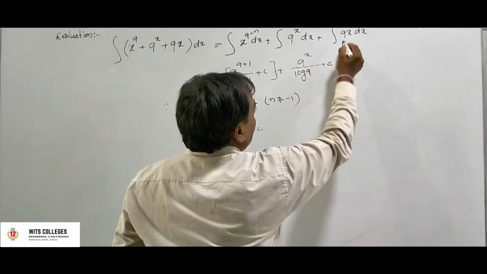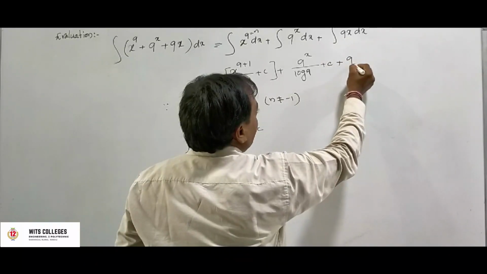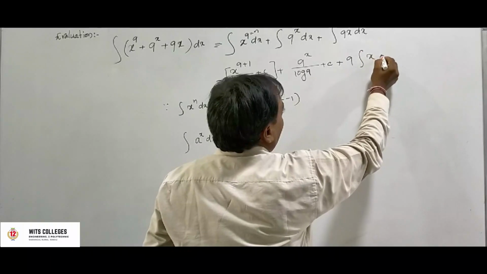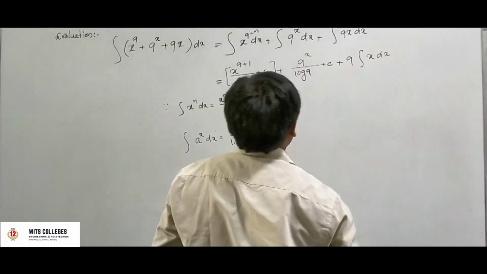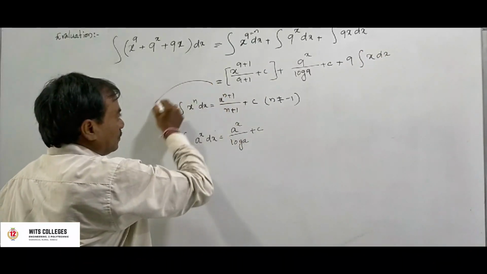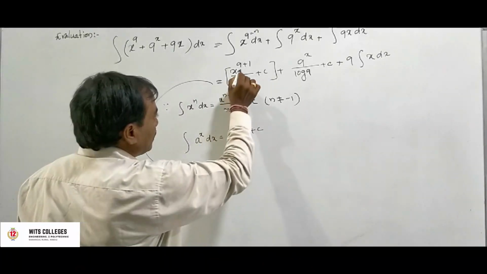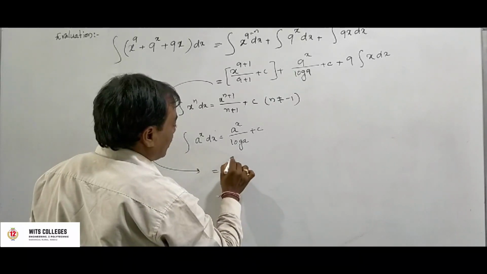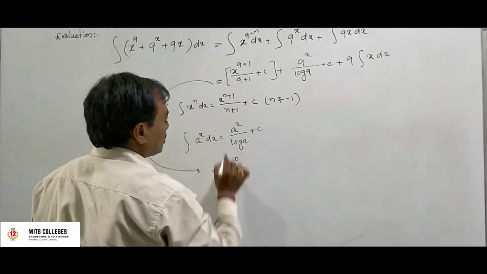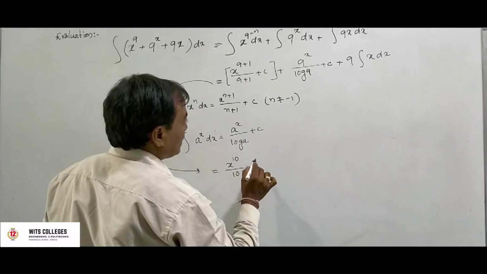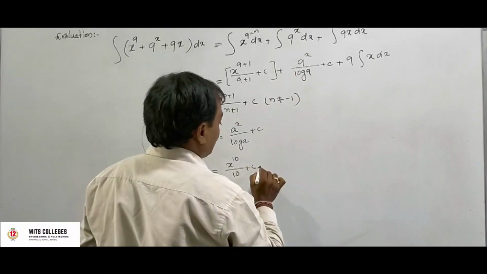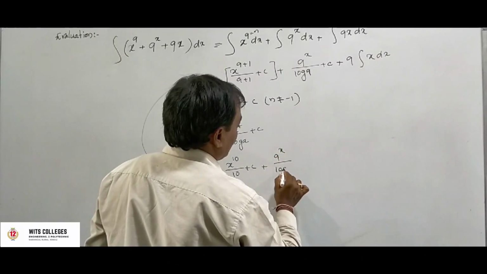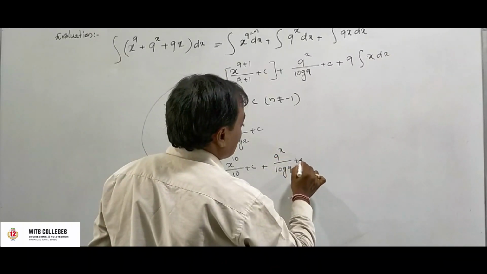Now here the 9 is a constant outside the integration, so this integral becomes 9 times integral x dx. So this becomes x to the power of 9 plus 1, that is x to the power of 10 by 9 plus 1, 10, plus c. Now this is as it is, 9 power x by log 9 plus c.